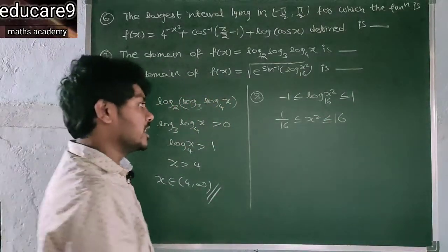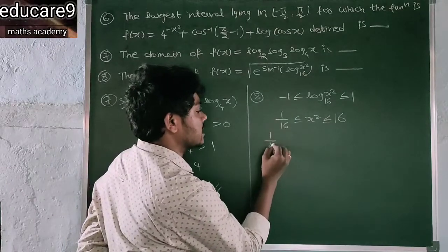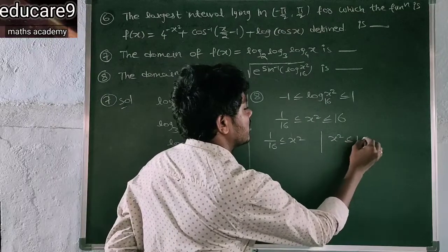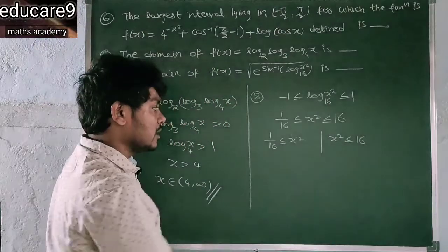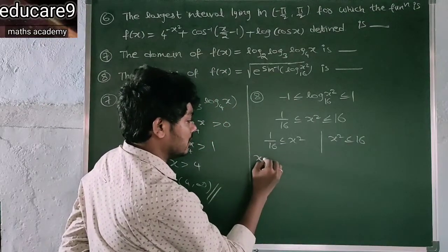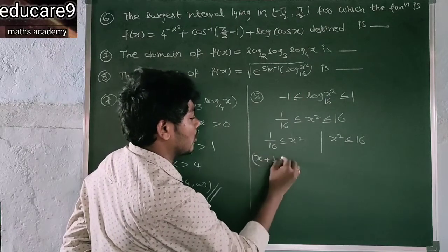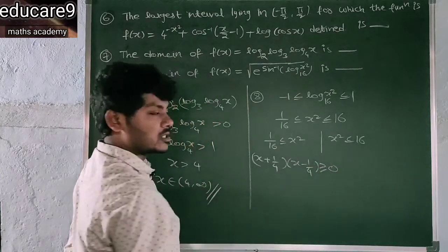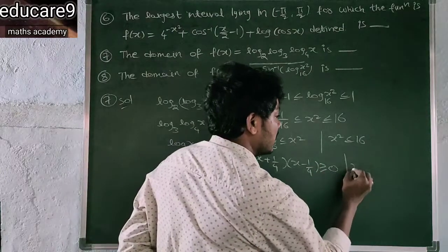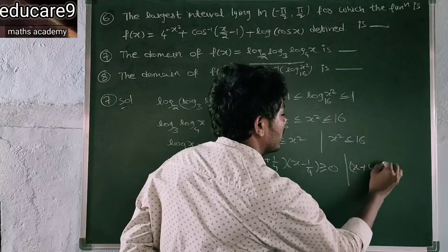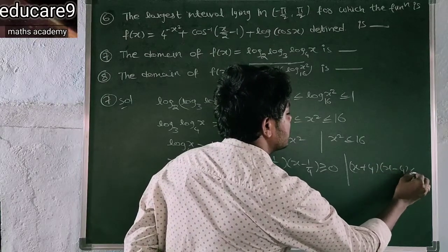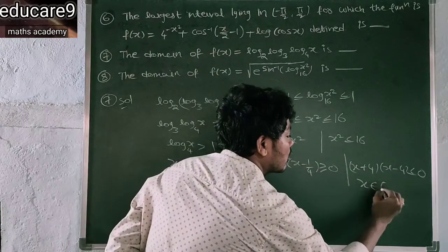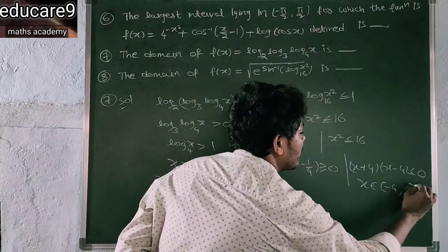So here two possibilities. One is 1 by 16 is less than or equal to x square, and x square is less than or equal to 16. Now this is x plus 1 by 4 into x minus 1 by 4 greater than or equal to 0. And this is x plus 4 into x minus 4 is less than or equal to 0. So clearly here x belongs to the closed interval minus 4 comma 4.